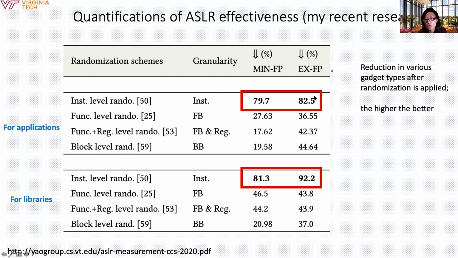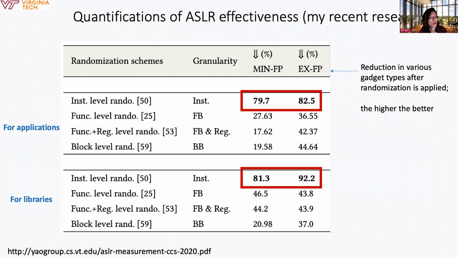So the majority of the gadgets were kept, which is not very useful. This is very interesting, and also an expected finding. By the way, this is for the applications we tested, and this is for the libraries we tested, without libc, since none of these tools can randomize libc because it's so big.